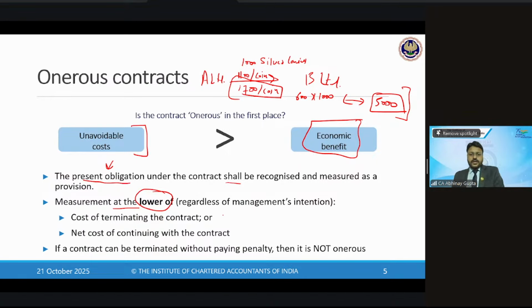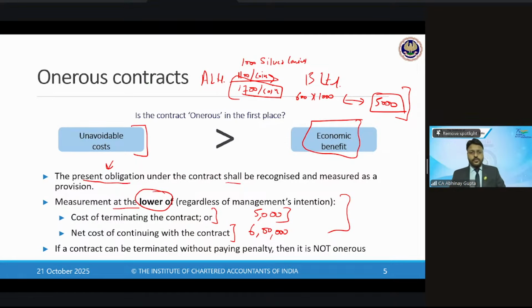So it is the cost of terminating the contract or the net cost of continuing the contract. If the net cost of continuing with the contract is, in this example, say 6 lakh, and terminating the contract costs 5,000, then of course a prudent person will pay 5,000 and exit the contract, correct? So this would be the provision required to be recorded under Ind AS 37.